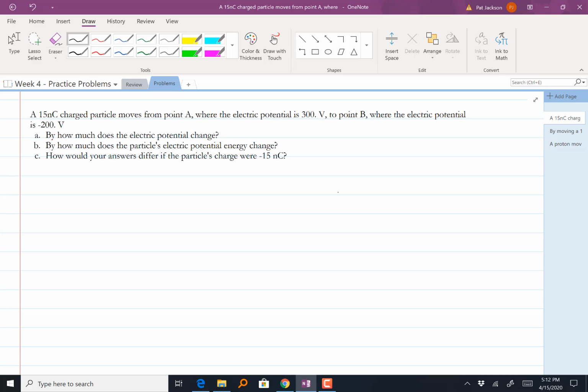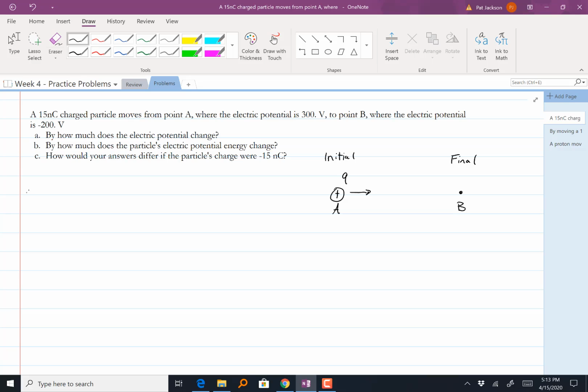So I've got a positive 15 nanocoulomb charge, so let's just give that the sign Q, and it's moving from point A to a point B. Right, so this is my initial state, and this is my final state.